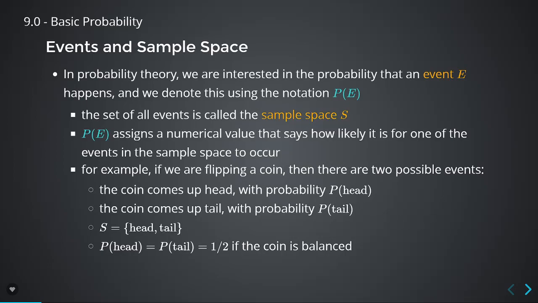And the probability of each event happening is 1/2 because there are only two events, and let's say they're equally likely for now, so the coin is balanced. We're going to ignore the case that the coin lands on its side, which can happen, but it's super unlikely. So that's events and sample space.